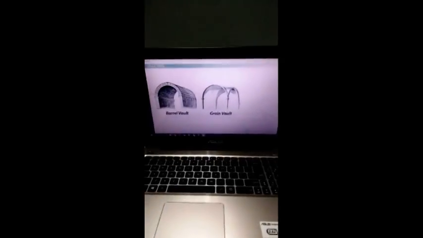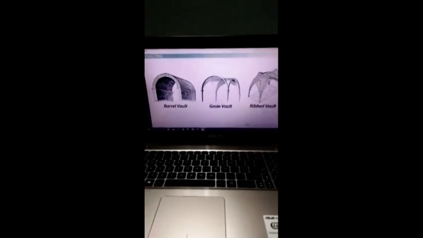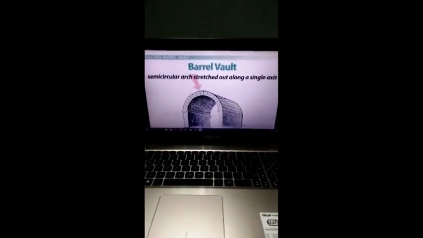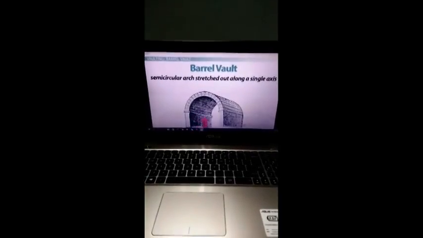First was the barrel vault. Next came the groin vault, which was later improved to the ribbed vault. The barrel vault is the simplest sort of vaulting. It's just a semicircular arch stretched along a single axis.